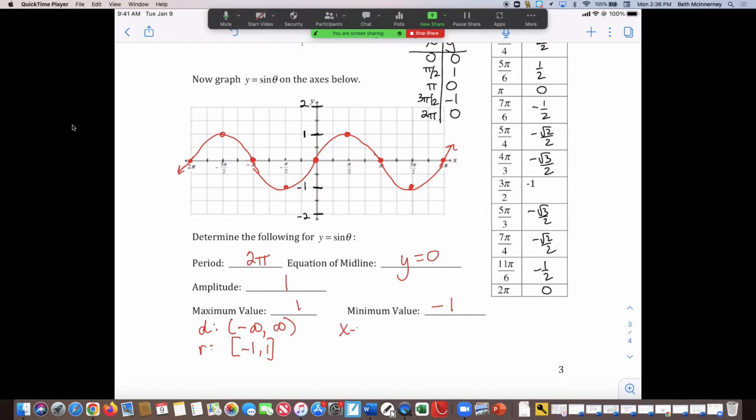Let's talk about the x-intercept. Oh my, I see it's crossing the x-axis a bunch of times. So what I want you to do is kind of stay with me here. Jot this down and then let's think about it.